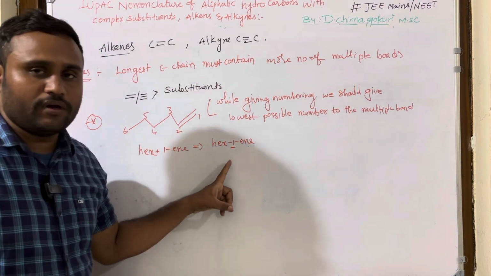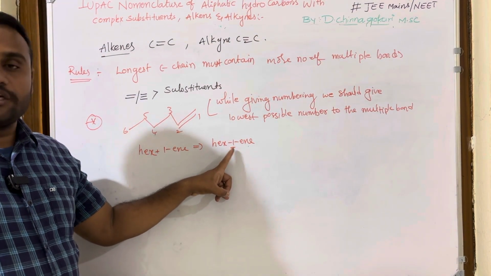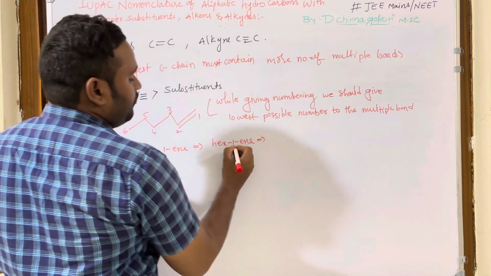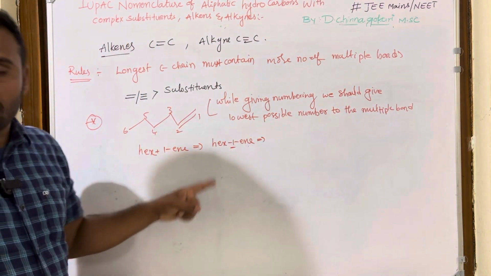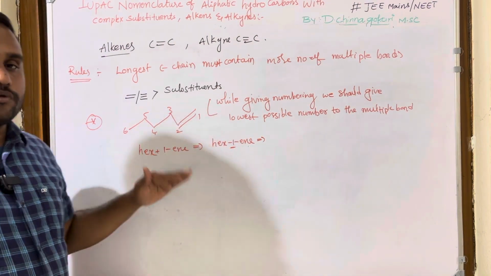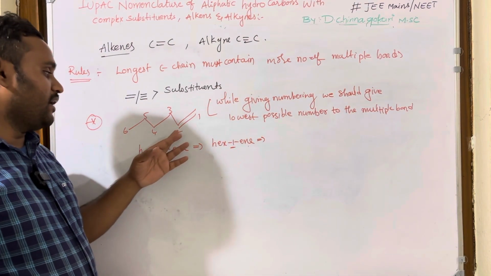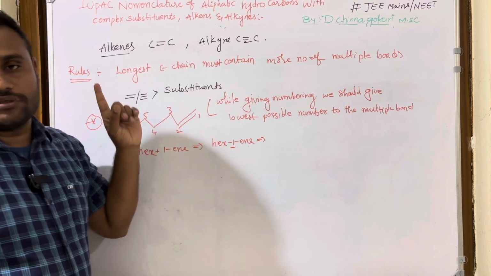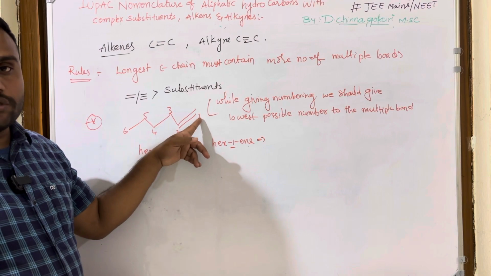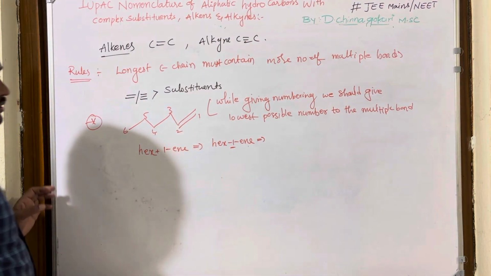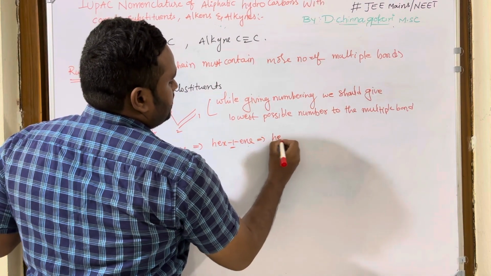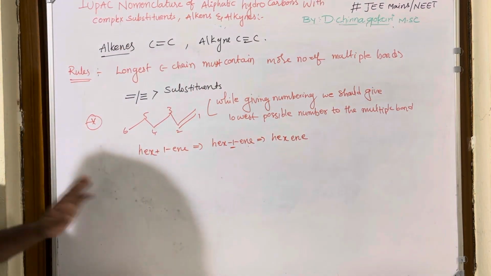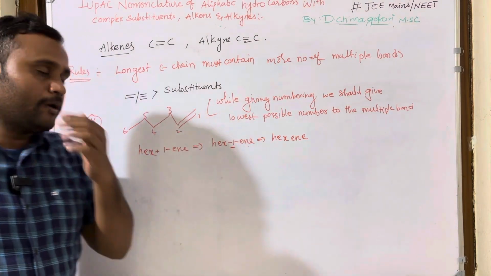Remember one thing very carefully: when the position of the multiple bond is 1, you need not write it. If we are not writing the position, the double bond must be in the first position only. Some may ask if it is present from 1 to 2, but we take the lowest number, and here 1 is the lowest number. So hex-1-ene, and when it is 1 you need not write it.